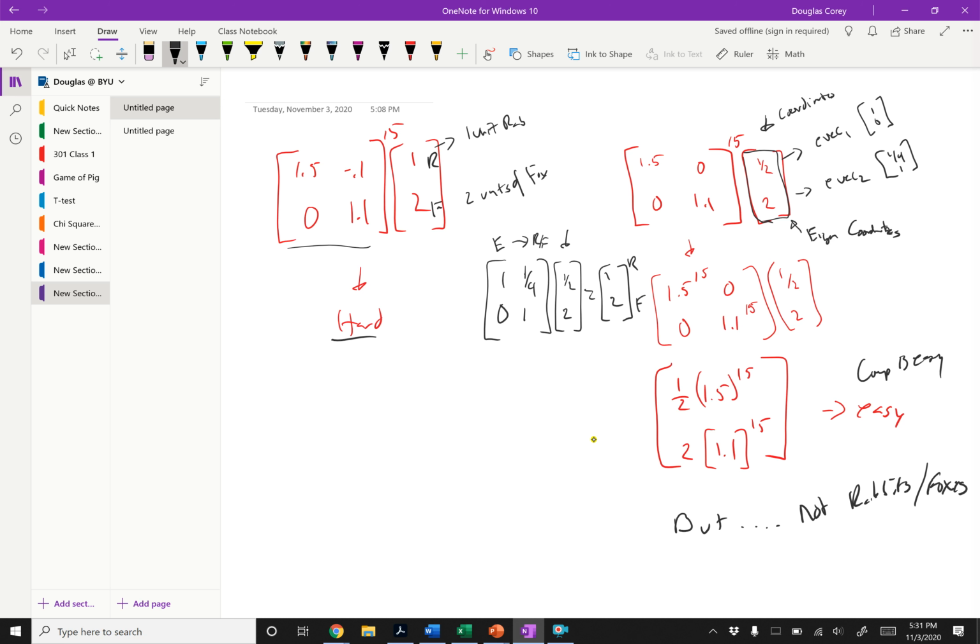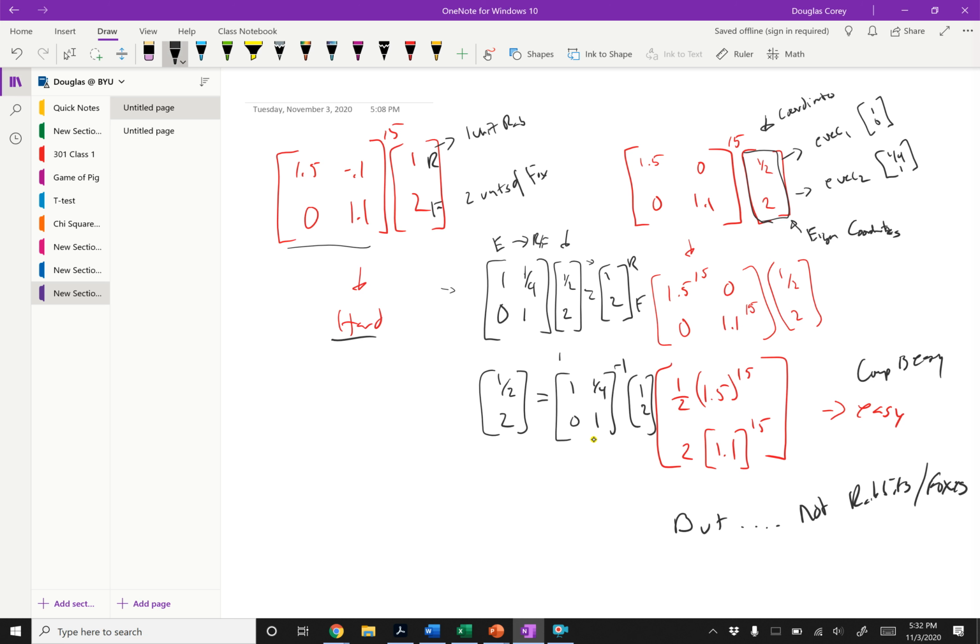Great. How could we go back? What if we started with rabbits and foxes? Well, the inverse will take us the other way, right? If we have 1/2, 2, I can think about multiplying by the inverse on both sides. Then I take the inverse of 1, 1/4, 0, 1 times 1, 2.